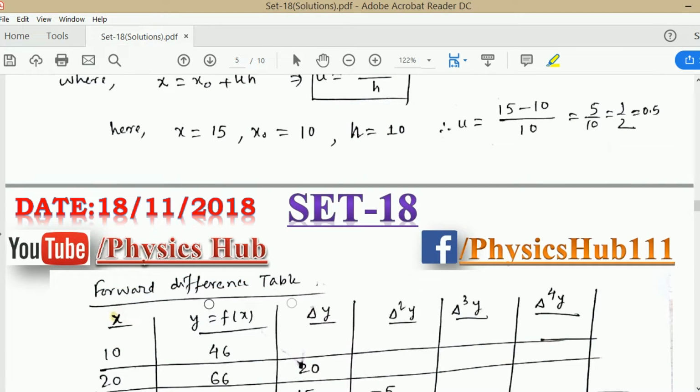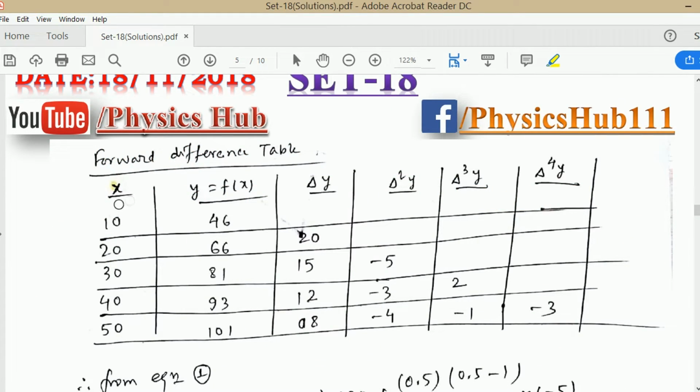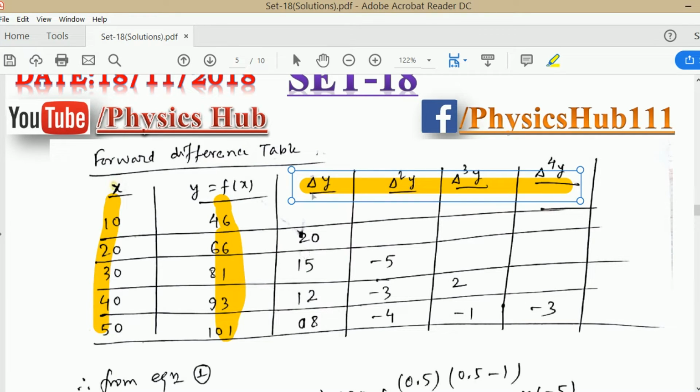The forward difference table looks like this. Here we have written the values of x, and in this column the values of y. Now the delta values are found in this way. This is delta y0, meaning y1 minus y0, and the formula is y(n+1) minus yn. So 66 minus 46 is 20, 81 minus 66 is 15, 93 minus 81 is 12, 101 minus 93 is 8.